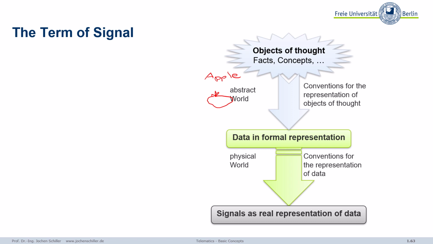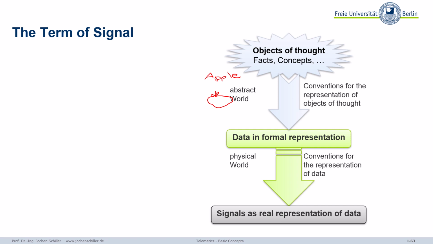Here we have our objects, the apple, in our abstract world. We represent them as data in a formal way, something we can then manipulate, process, transmit. Then we have to convert it in a way that physics, nature can actually transfer it.